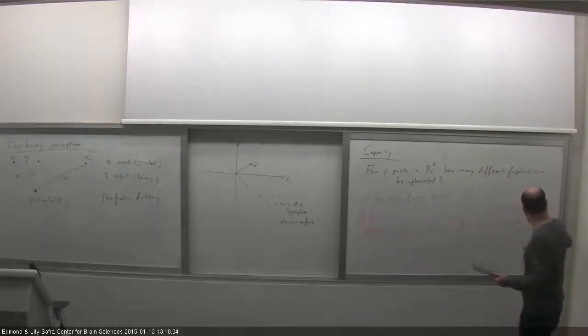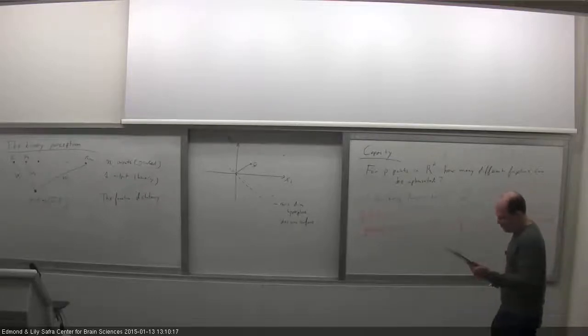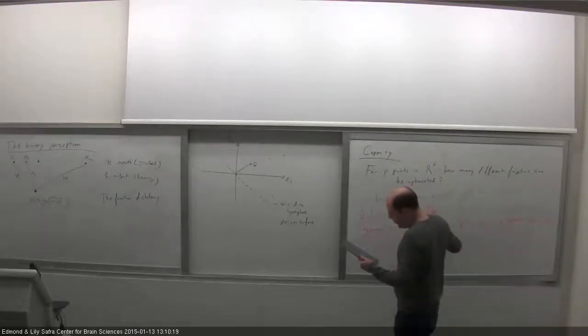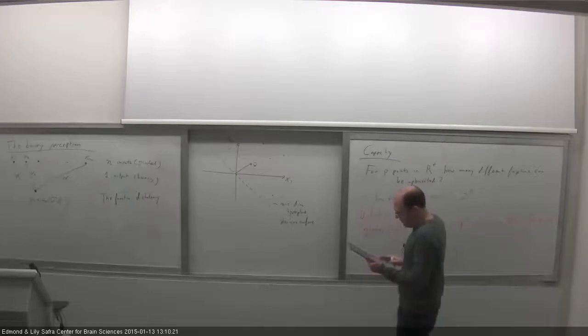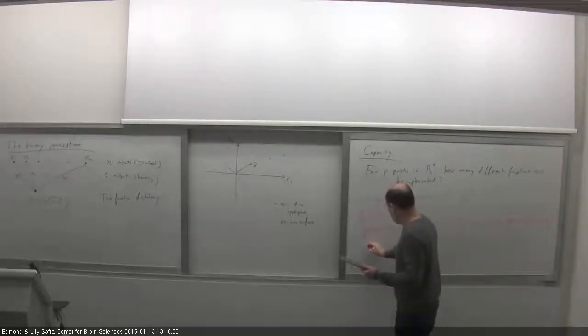Actually, I will write a more precise term, which is general linear position. But people often say simply general position, and from here on I will simply say general position. I'll write down the definition.